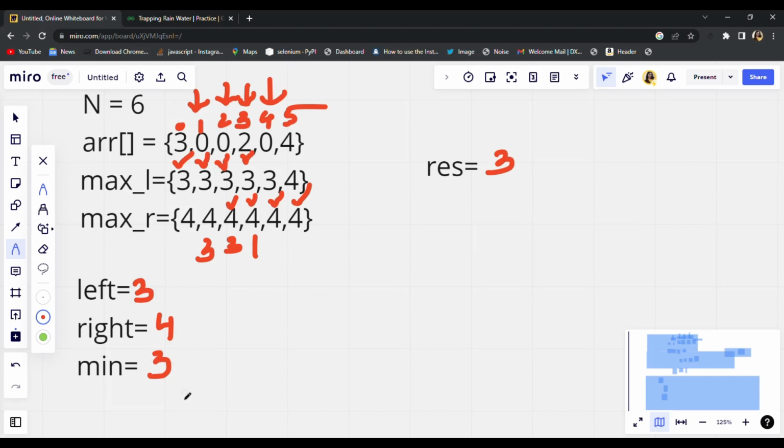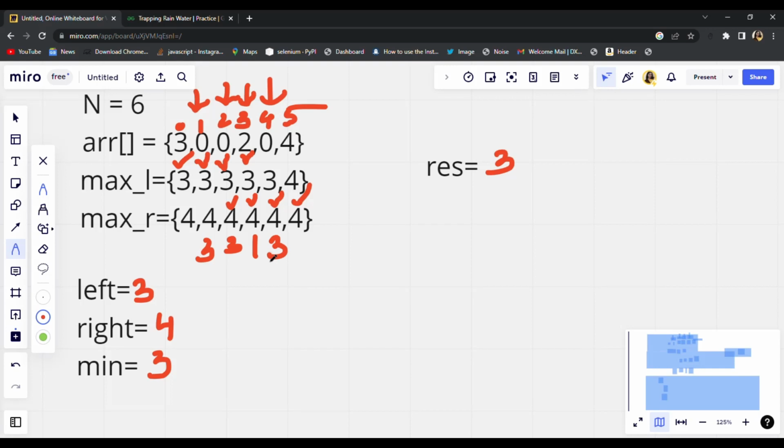Now we need to see how much water we can store there. We can store water up to a height of 3 meters, right? But what is the height of the current block? It is 0. So 3 minus 0 is 3. So we can store the complete 3 liters of water, up to the height of 3 meters.